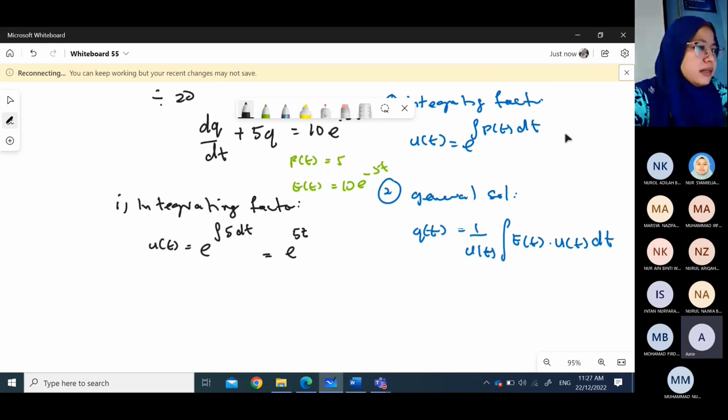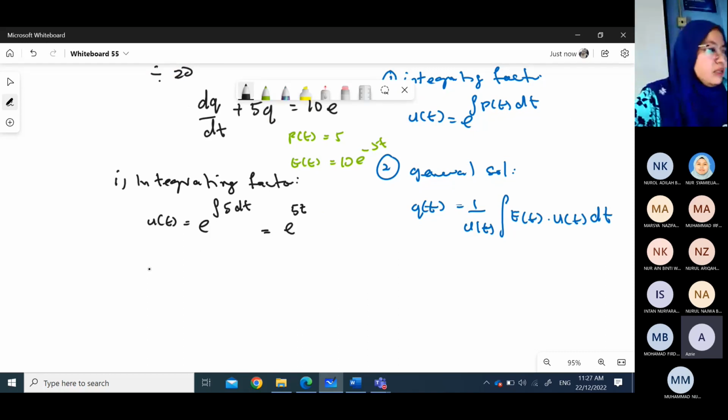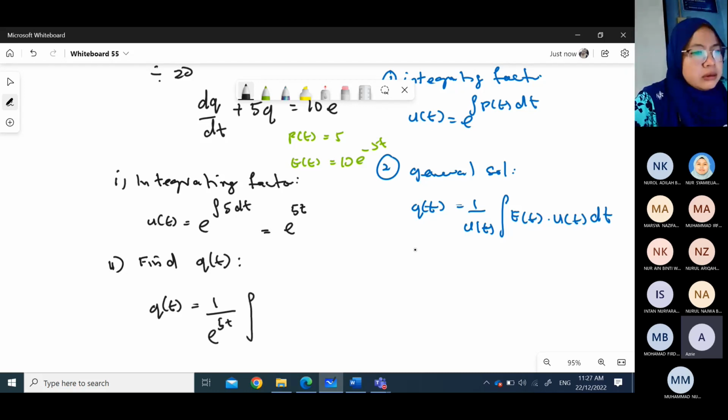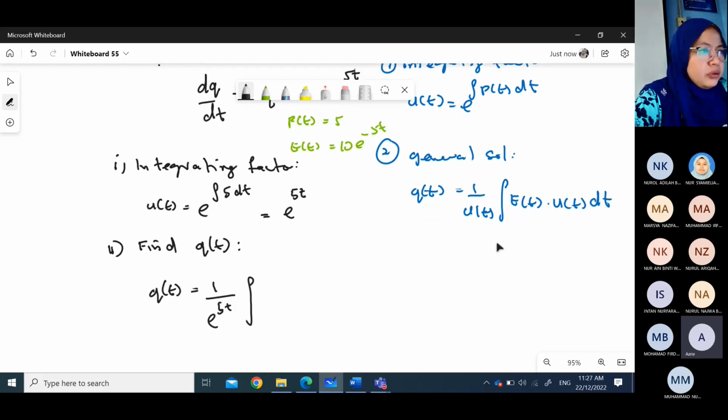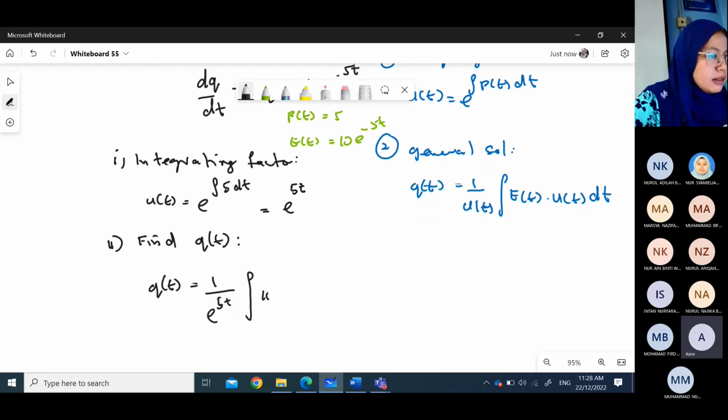Alright. So next kita cari general solution for charge at any time T. Q of T here is 1 over integrating factor exponent 5T, multiply with the integral of E of T. E of T is 10 exponent negative 5T multiply with exponent of 5T.